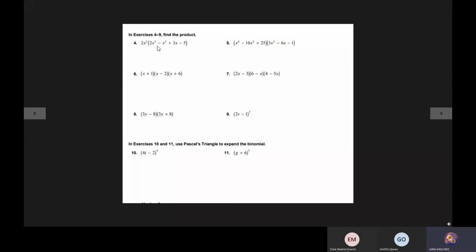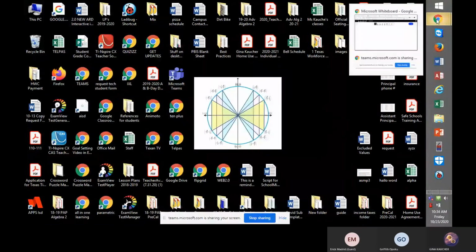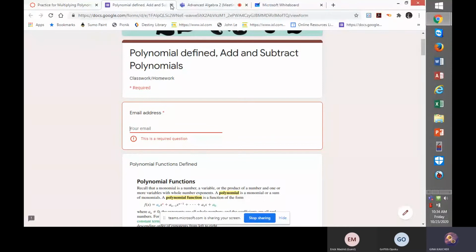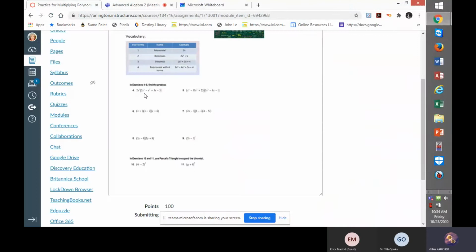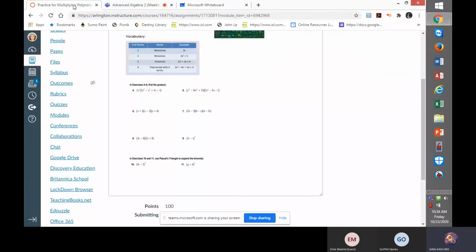So we have 2x squared times (2x cubed minus x squared plus 3x minus 5).